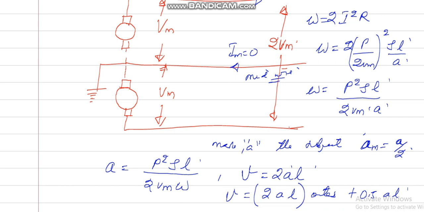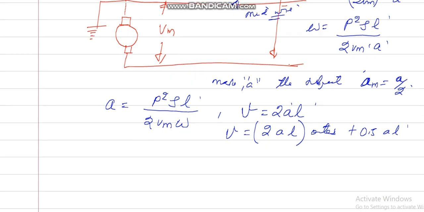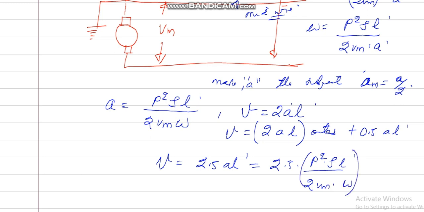Kwa hiyo plus hapa tunapata volume of conductor material sasa kusema 2.5 AL. Kwa tukisubstitute for A tunapata 2.5 times A, ambapo A ni P squared times resistivity rho times length over twice Vm squared times W, bracket times L.